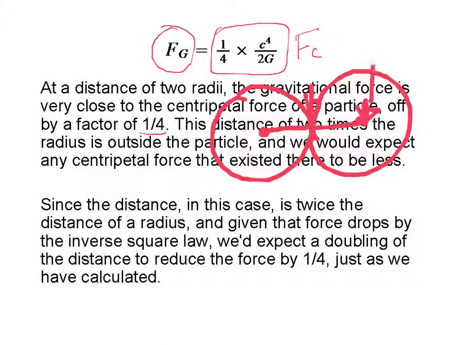So this point here is twice as far from the center as the point that we usually calculate centripetal force for from here. So, since the distance in this case is twice the distance of a radius, and given that force drops by the inverse square law, we'd expect a doubling of the distance to reduce the force by 1/4, just as we have calculated.